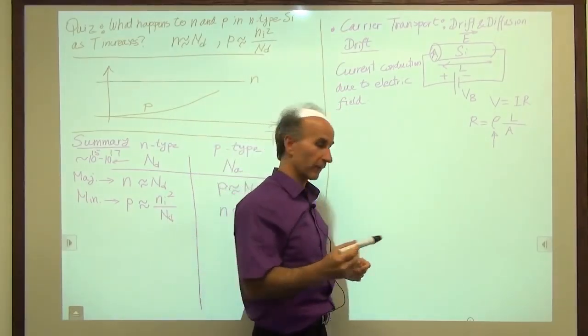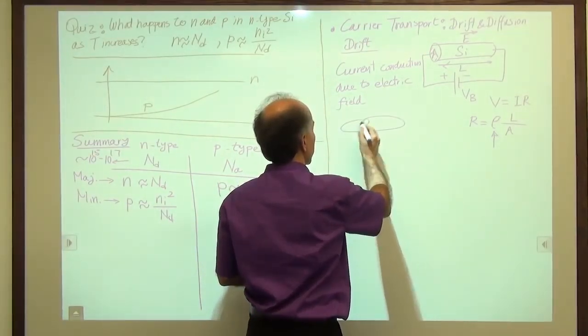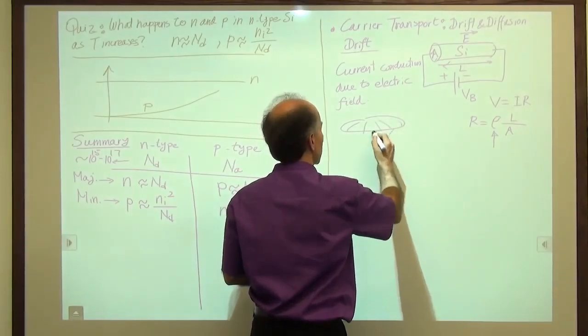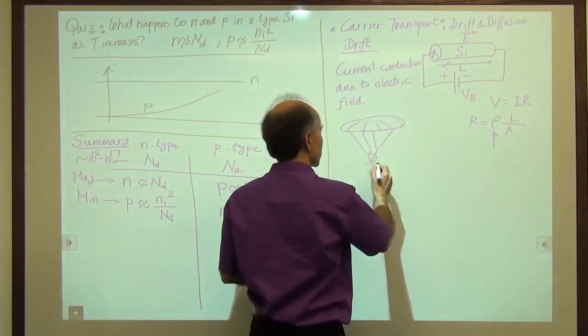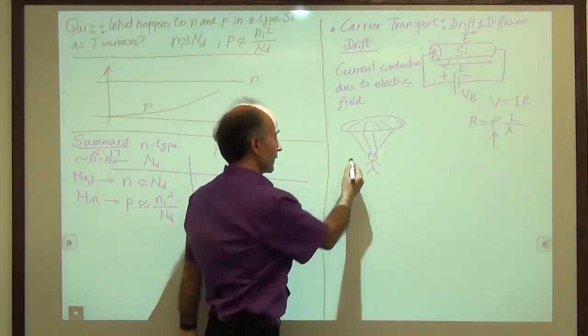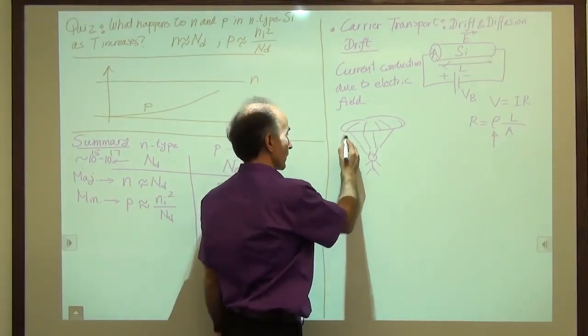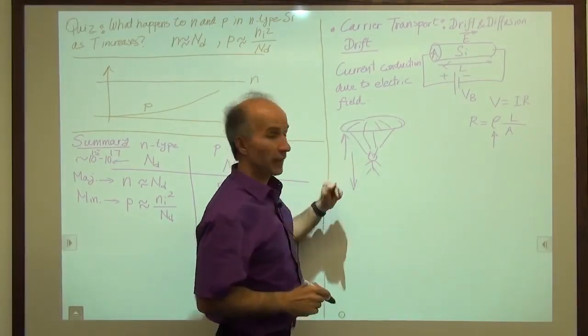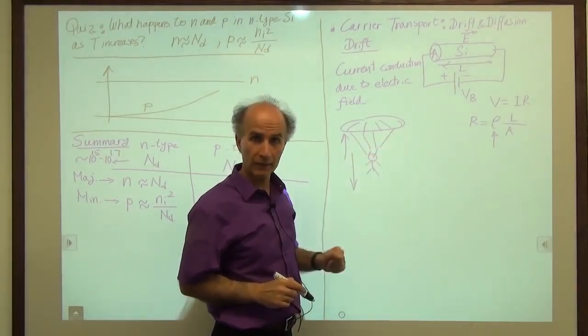This is something you remember from physics. So if this is your parachute, and you're hanging here for dear life, we know that even though there's gravity this way, there's also air resistance this way, and eventually these two cancel each other, and we end up with a constant velocity.